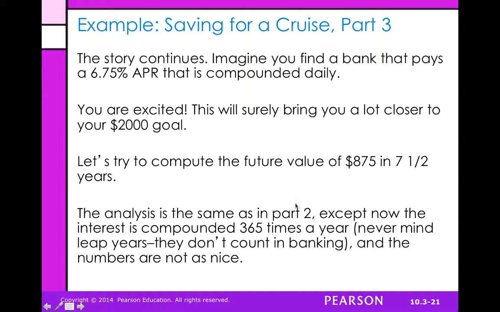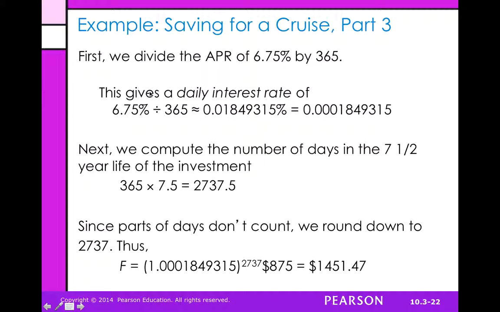So the analysis is the same as the previous example, but now we compound 365 times a year, excluding leap years, and the numbers aren't quite as nice. Now we have a daily interest rate, so take the annual one and chop it into 365 parts, and you get 0.000189, so it's very small. Next, we compute the number of days in the 7.5-year life of the investment. Well, 365 days in a year for 7.5 years is 2,737.5 days.